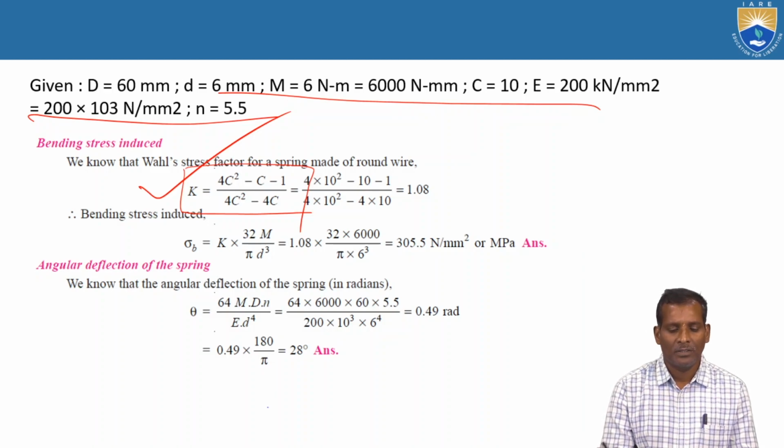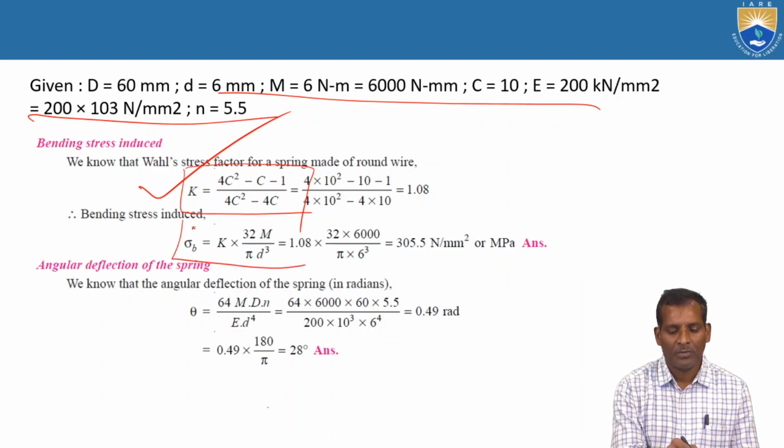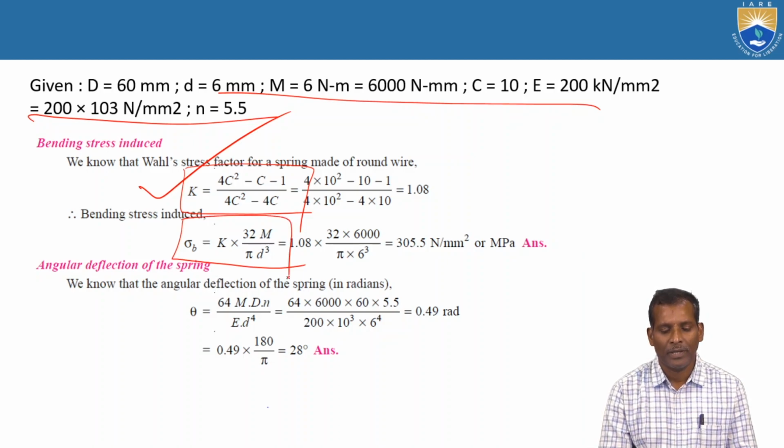So the bending stress induced is sigma B equal to K multiplied by 32 M by pi d cube.